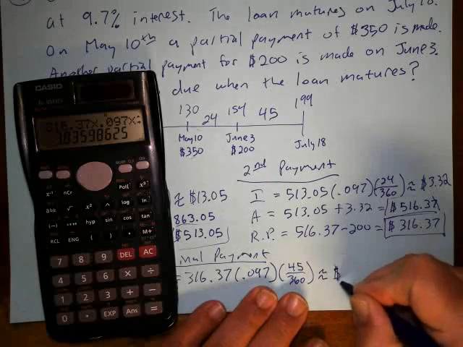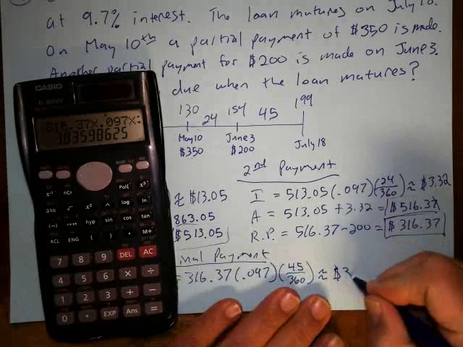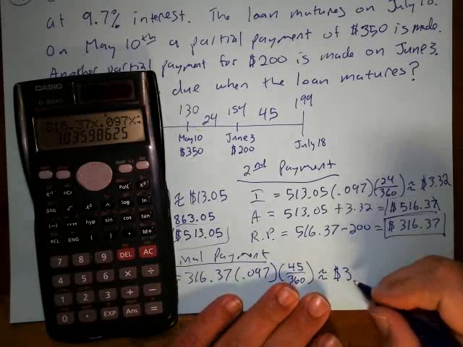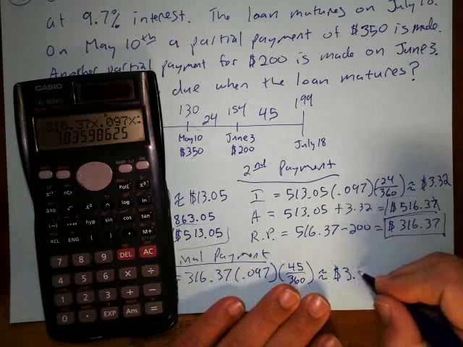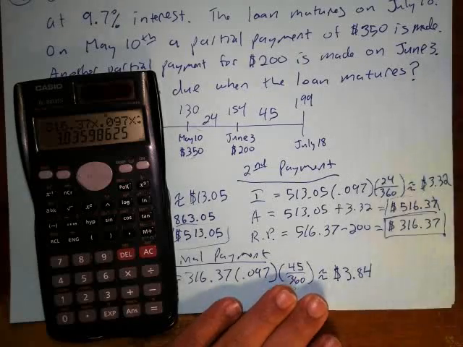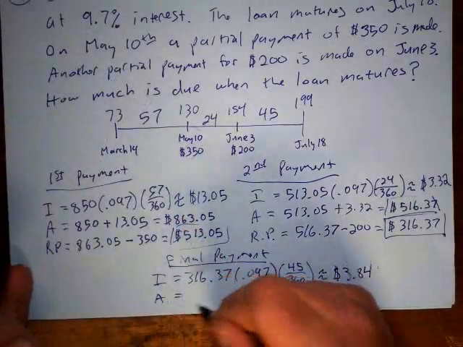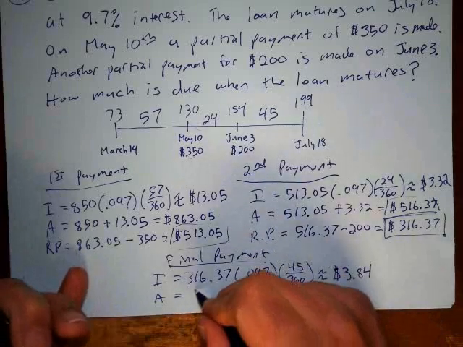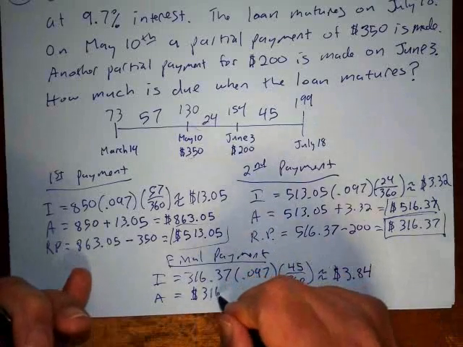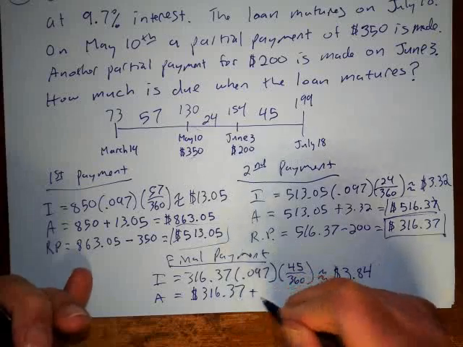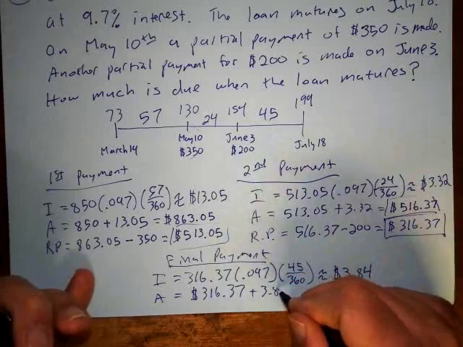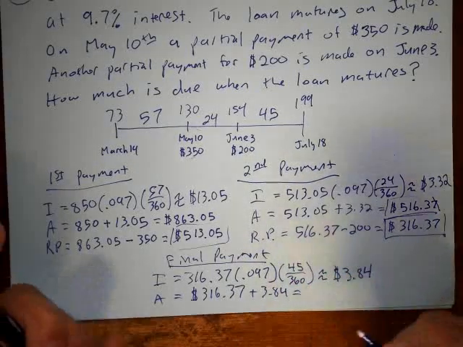And we get $3.84. And so then the amount that I owe when the loan matures is going to be the $316.37 plus that new interest, $3.84.